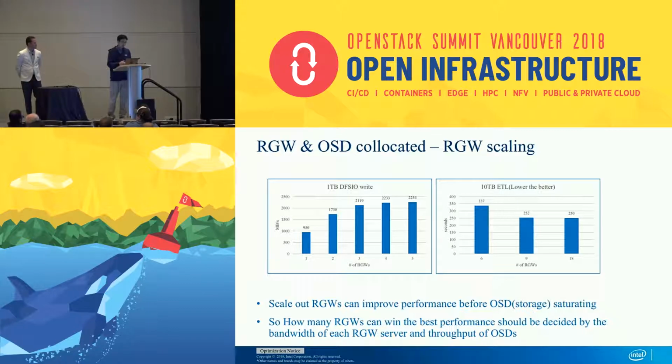As the number of Redis gateway instances increases, the DFSIO workload and also the ET workload can improve. But if you have like 4 to 5 Redis gateway instances, the performance doesn't change much. So that's the finding here. Basically, you should do a test based on your configuration to see which is the best configuration.